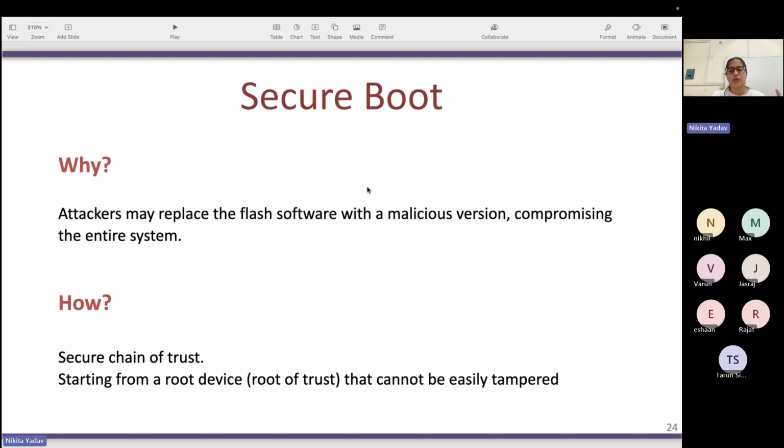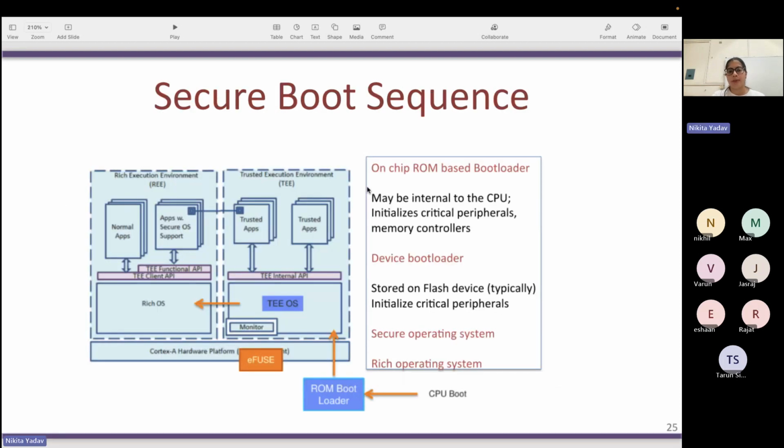Now let's see how we can do it with ARM TrustZone. Here the CPU boot will happen. The CPU starts the bootloader, which is stored in the ROM.